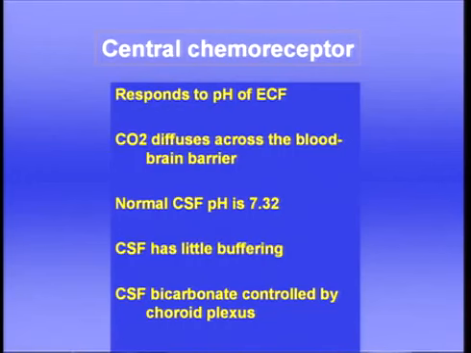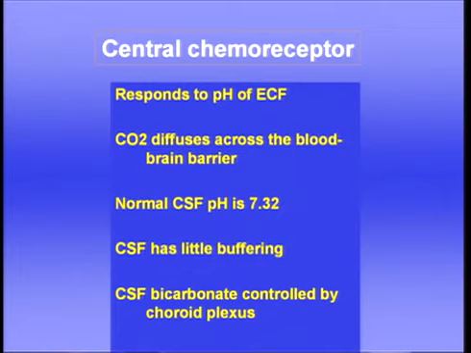So let's summarize some of the statements we've made about the central chemoreceptor. As I've said, and this is here mainly if you want to come back and review, it responds to the pH of the extracellular fluid, which is broadly speaking that of the cerebral spinal fluid. The mechanism is that the CO2 diffuses across the blood-brain barrier, thus changing the pH of the ECS, or the cerebral spinal fluid.